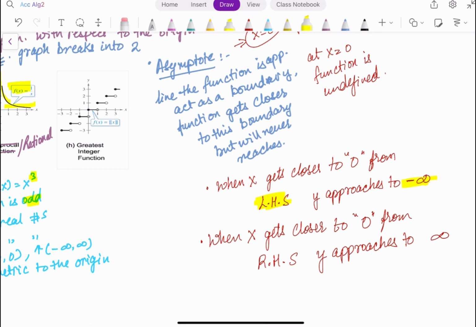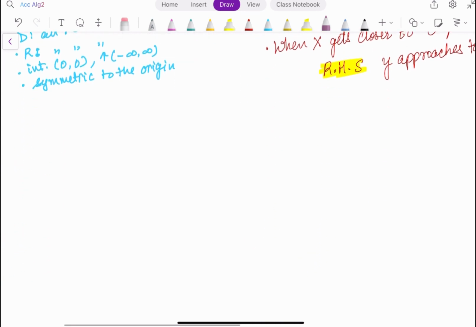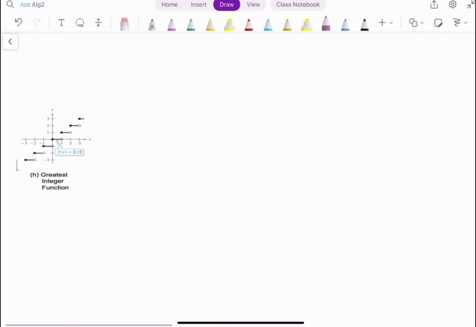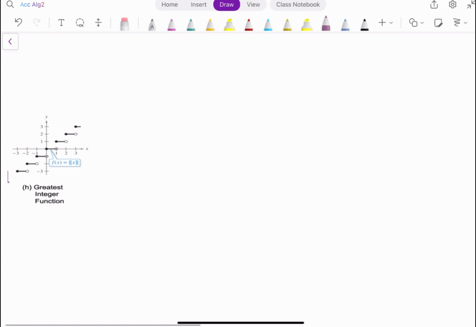That's how you can define the behavior of the function. So the graph is reaching infinity in the first quadrant, and in the third quadrant, y is reaching negative infinity. Very important, so take it a little bit more seriously. This is the first new thing that you have learned.